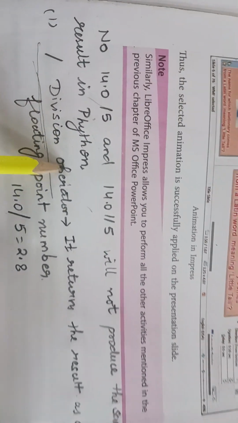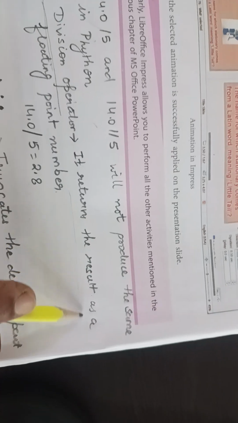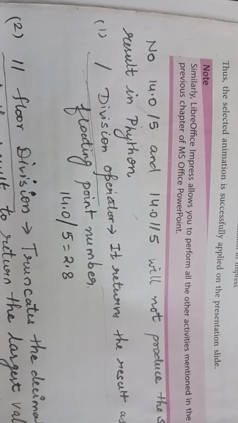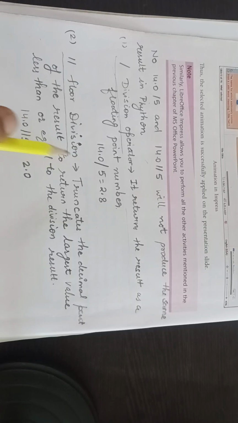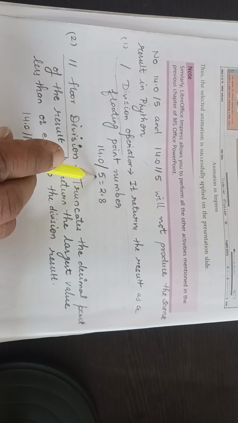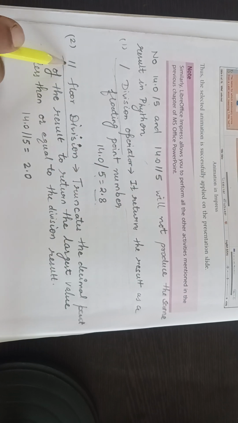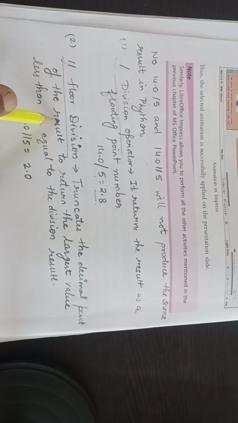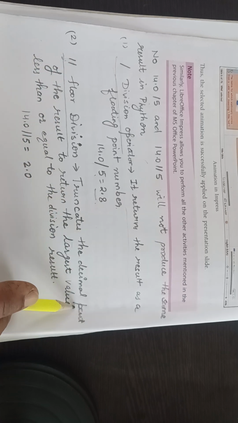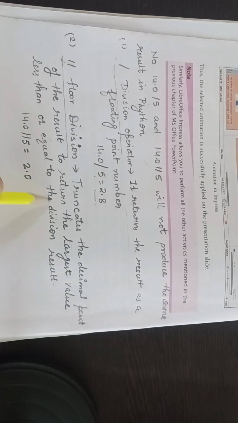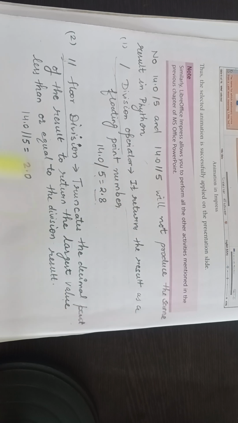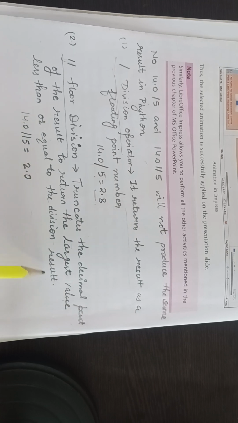This is a division operator. It returns a result as a floating point number. If I divide 14.0 by 5, the answer will be 2.8. But this is a floor division. Double division means floor division. It truncates the decimal part of the result to return the largest value less than or equal to the division result.